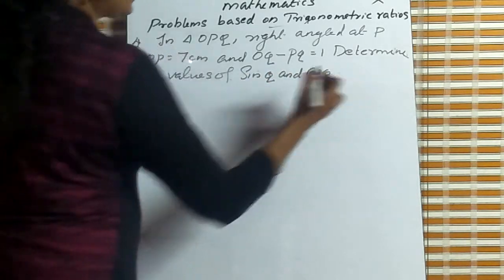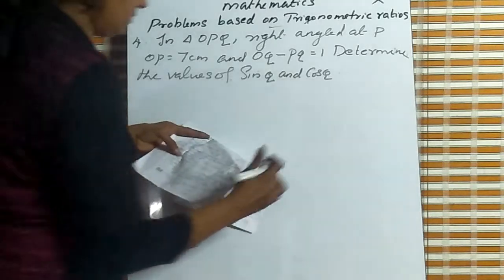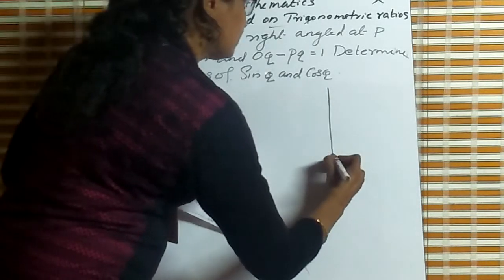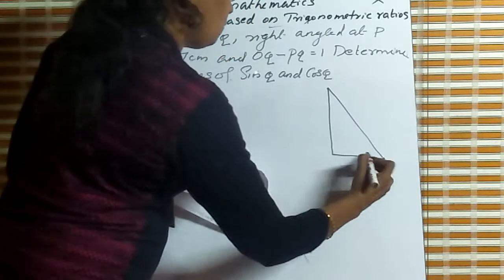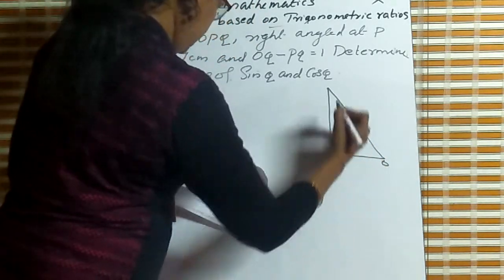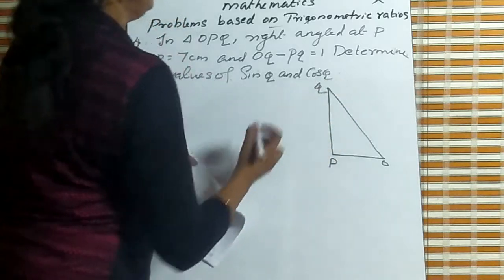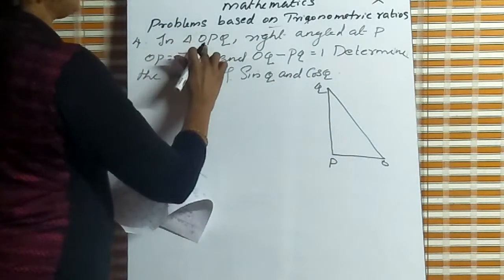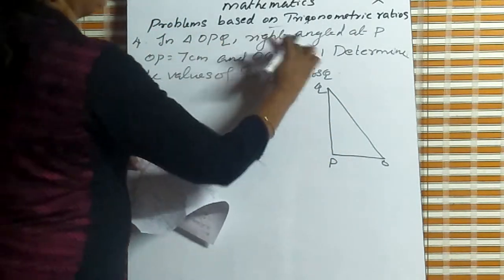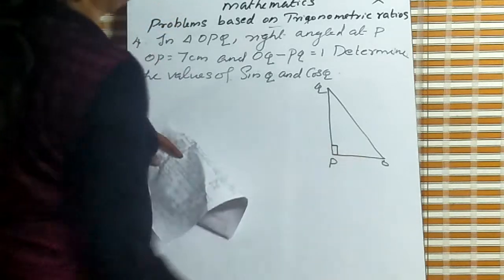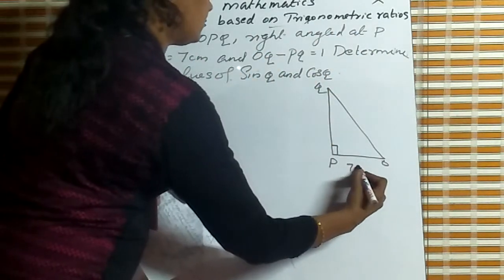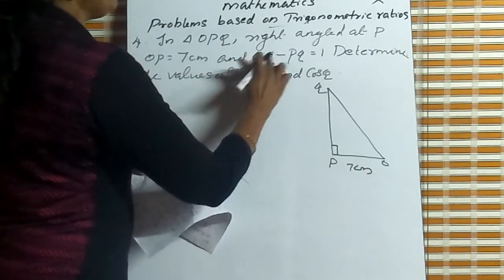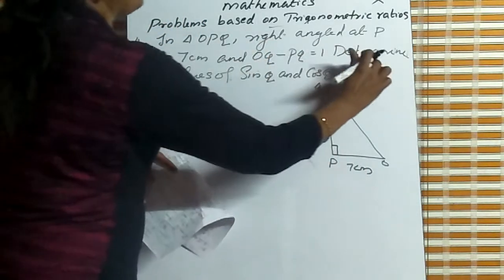Here the figure is given. O, P, Q, and in triangle OPQ, this angle is right angle at P, and OP is equal to 7 centimeter and OQ minus PQ is equal to 1.